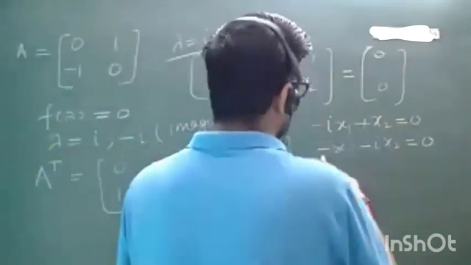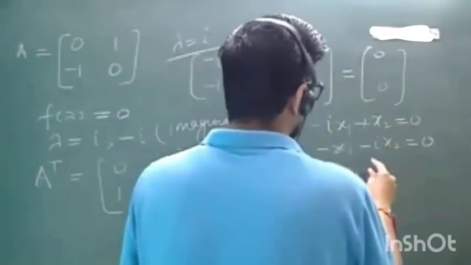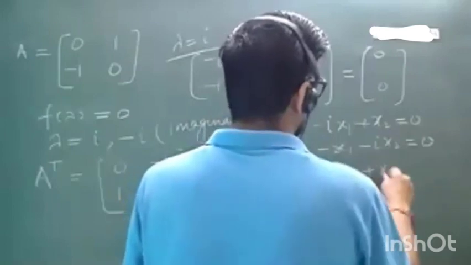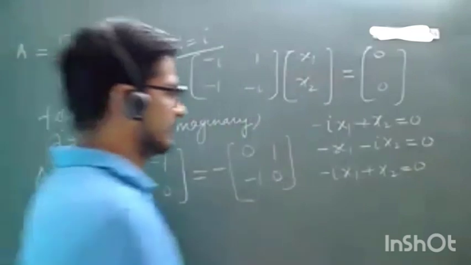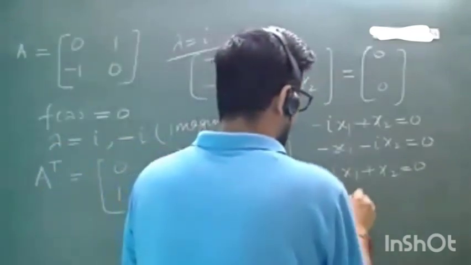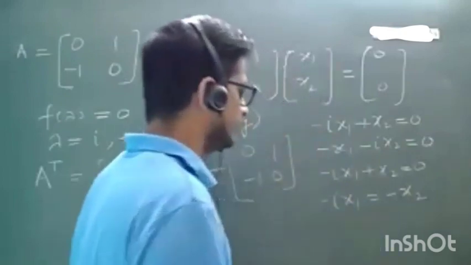Suppose I multiply this by iota: iota x1 plus x2 is equal to 0. So it is the same equation. So minus iota x1 is equal to minus x2, correct?